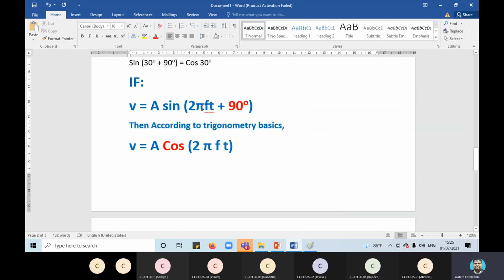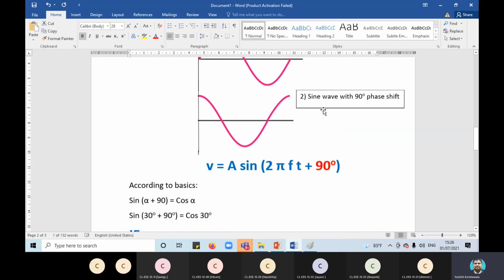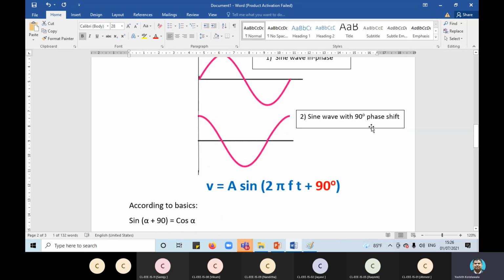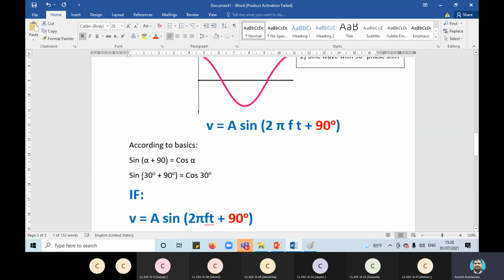It was sine. Conceptually it was sine, but if you try to understand it a bit more in pure mathematics, you have to call it cos because there is a mathematical reason. What is the reason? Here you see automatically with this 90 degrees phase shift, mathematically we are getting a value for theta. Since it is 90 degrees, we have a simple theory in trigonometry.